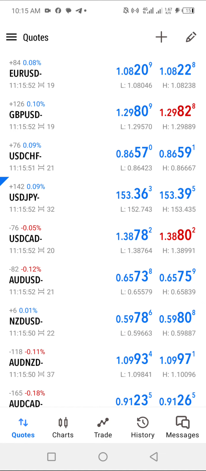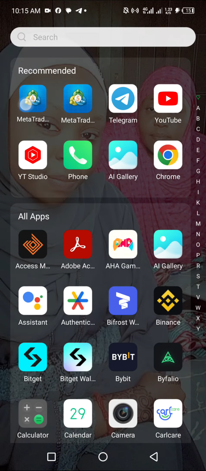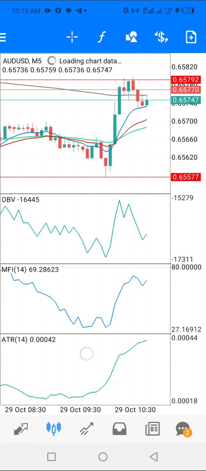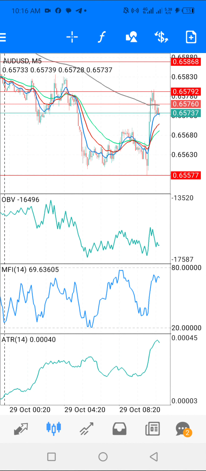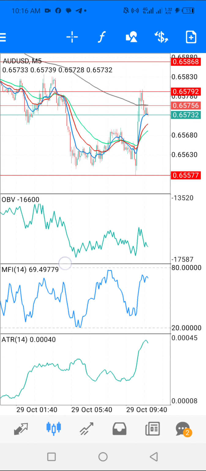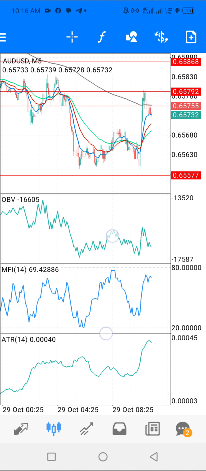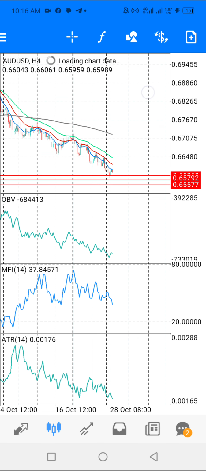I will go ahead and show you the demo accounts that we have also been looking at. You see this AUDUSD, since last week we have been anticipating price to drop into an area of interest, and what I did was I marked some levels from the weekly, or was it the monthly.